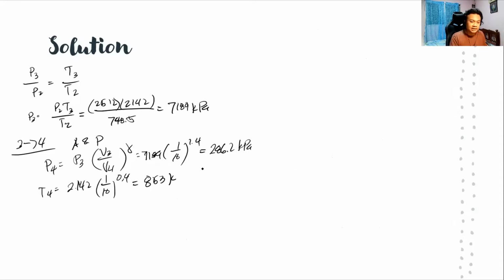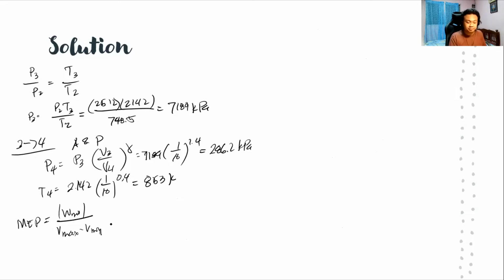So next, we have to get the mean effective pressure, and the formula for the mean effective pressure is equal to the absolute value of the net work over V max minus V min.